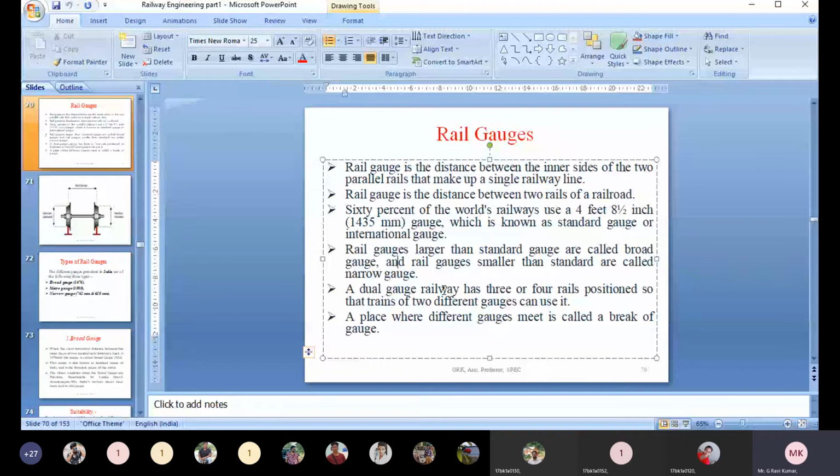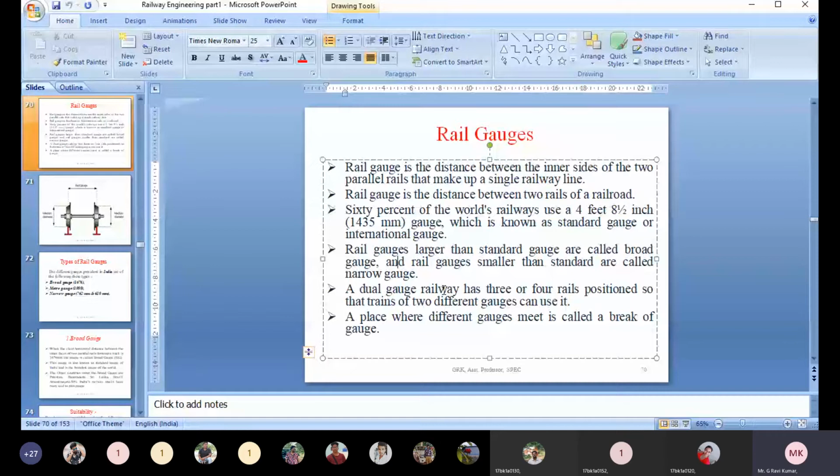In between the rails of broad gauge, 2 more rails will be provided. That is for meter gauge. Understand? Like that, in some places, at junctions or at heavy traffic areas, double gauges or multi gauges may be provided.